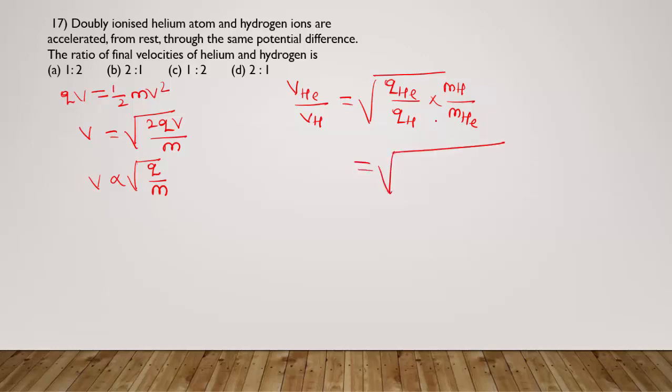That is the root of 2e divided by e, into m divided by 4m, since the charge of helium is 2 times the electron charge, 1.6 into 10 to the power of minus 19, and the mass of helium is 4 times that of hydrogen. You get the answer 1 divided by root 2. Option C is the right answer.